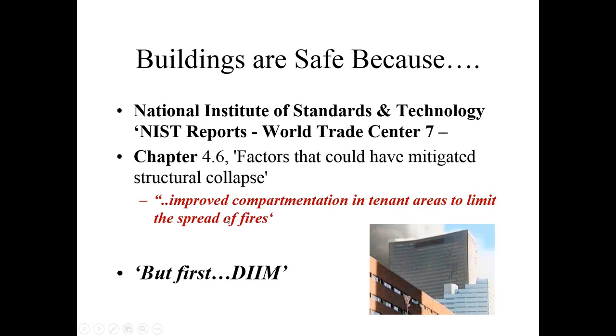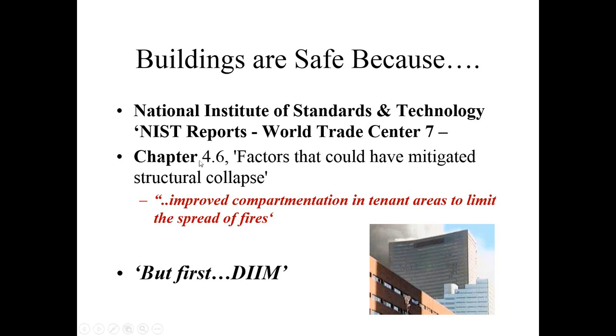I haven't spent much time on this slide at various presentations. This is a critical piece, and it's interesting that NIST, the National Institute of Standards and Technology, in Canada it would be your National Research Council of Canada, these two organizations actually worked together on the World Trade Center 1 collapse report and then World Trade Center 7.